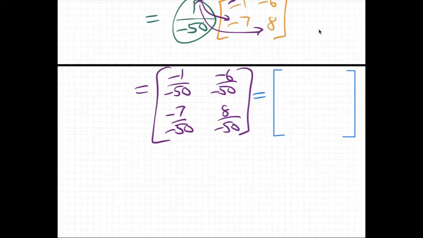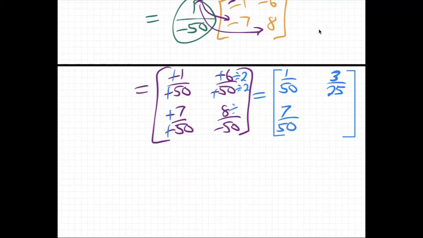So reduce, can we reduce any of these? The two negatives become positive. Oh, and this one divide by what? 2, top and bottom, and the two negatives become positive. So that'd be 3 over 25. And then here, two negatives become positive. 7 over 50. And here, divide by 2, top and bottom, it'll stay negative.